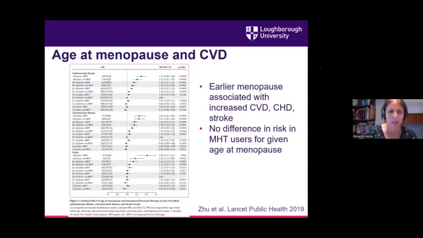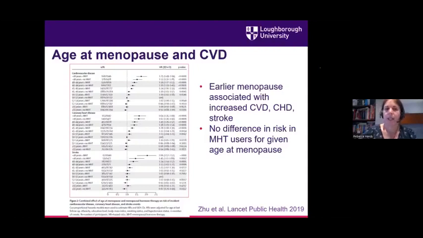So here, I'm just looking down here, we've adjusted for ethnicity, education, body mass index, smoking status, hypertensive status. But we might not be adjusting as well as possible. There might be other factors that we've not adjusted for. So this is always the challenge with observational studies. Nevertheless, what this does show, is it's a huge number, we can look in great detail, that earlier menopause is associated with increased cardiovascular disease and its components, coronary heart disease and stroke.